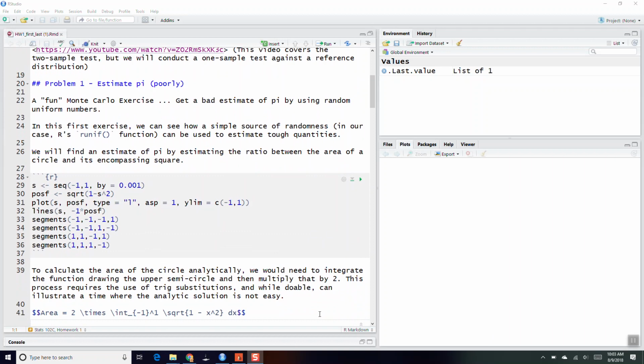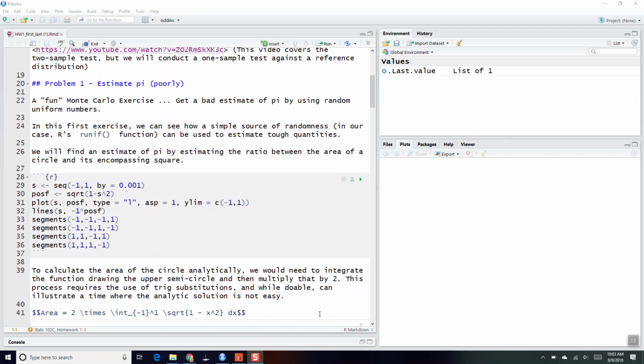That should give you a ratio between the area of the circle and the area of the square, right? The area of the circle is pi r squared, and the area of the square would be 4r squared. So you take the radius and you square it, and then the square is 4 times that, right?